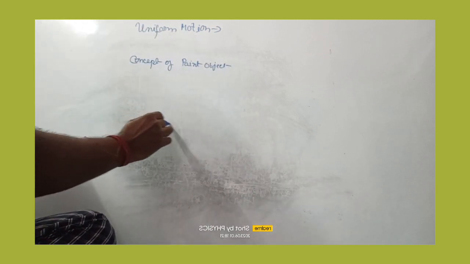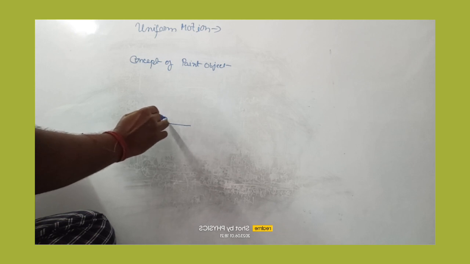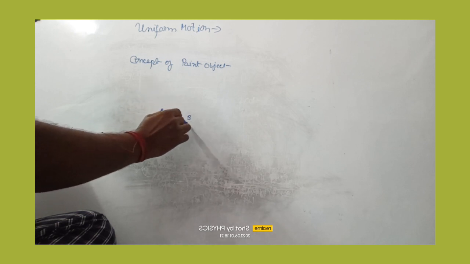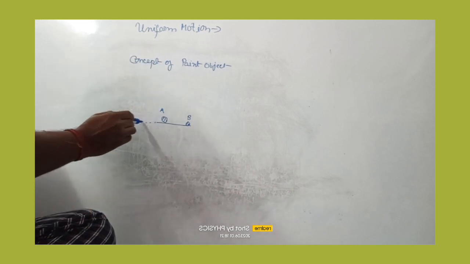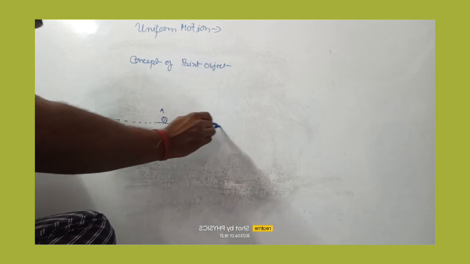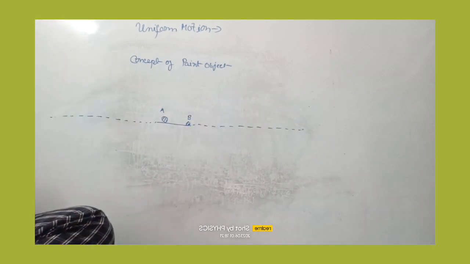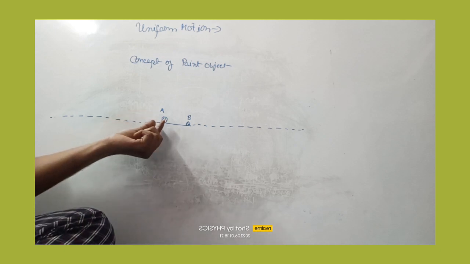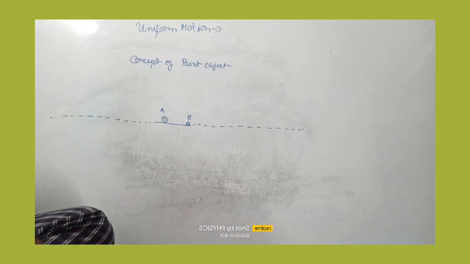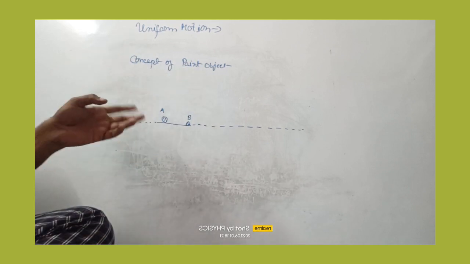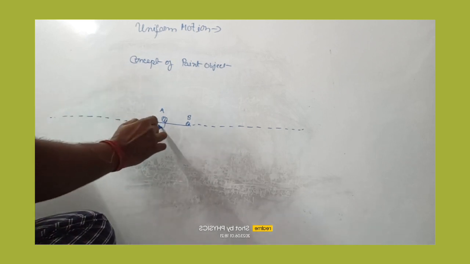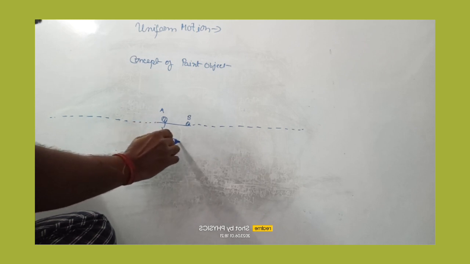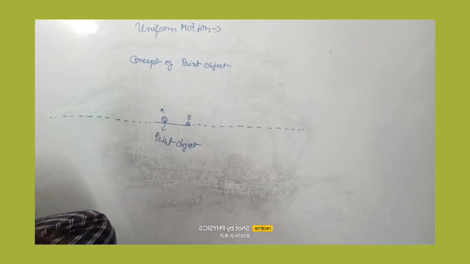When an object moves from point A to point B, observe that it is a broad object, but when it moves a longer distance, the diameter of that ball is negligible or trivial in comparison to the path. So then this object is considered a point object.